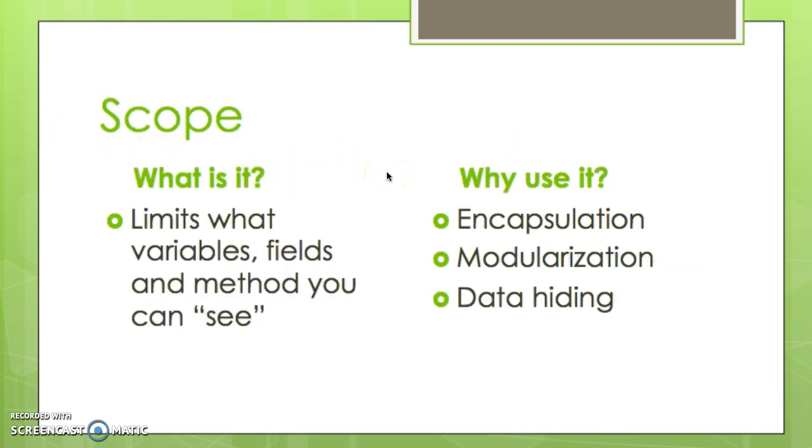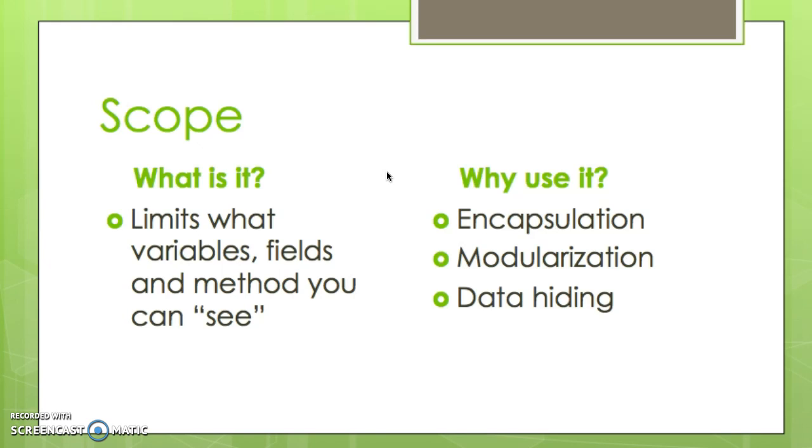So methods do something in particular. What they do is they change the scope of the code you're working in. Now what is scope? Scope's kind of a very abstract idea. Well, scope actually limits what variables, fields, and methods you can see where you're currently executing code. Again, why do we use it?